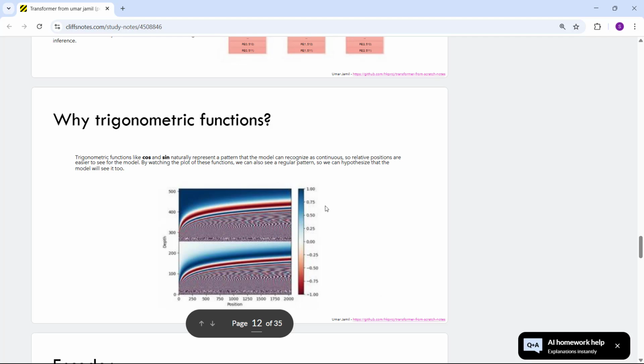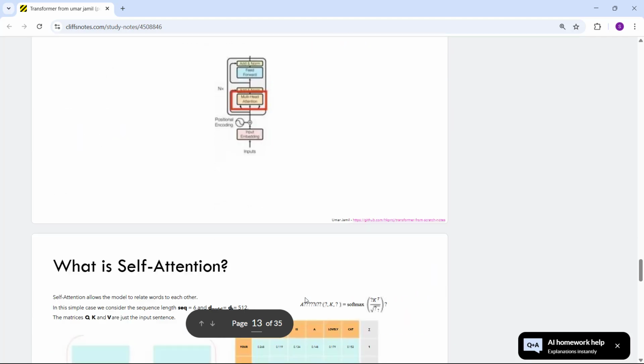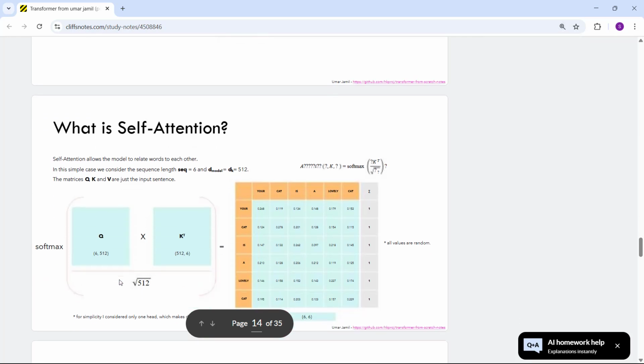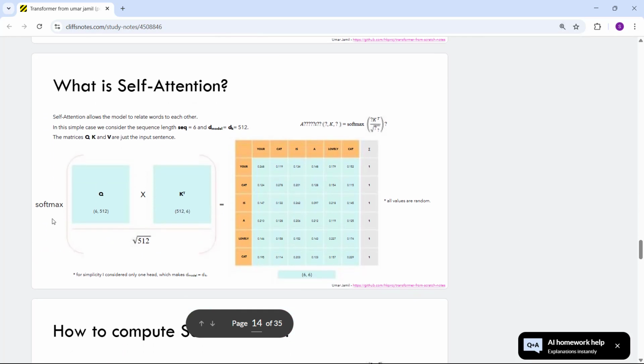Go back to this article that we were referring to before. Let's go to the self-attention section. Here you can see what is self-attention, and this is the formula they are trying to apply. The input sequence is "your cat is a lovely cat". Here we are trying to calculate the attention score for each word with respect to each other word.